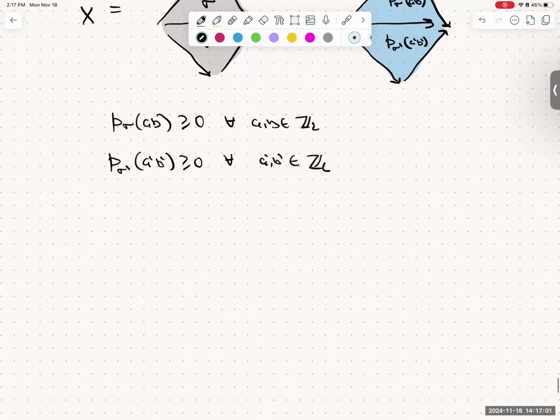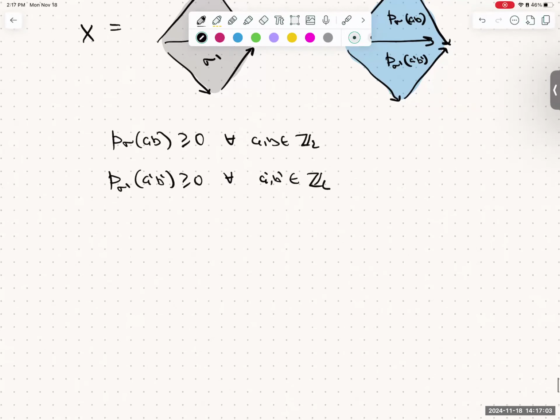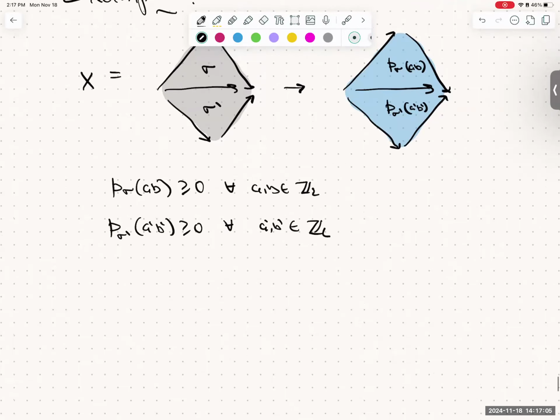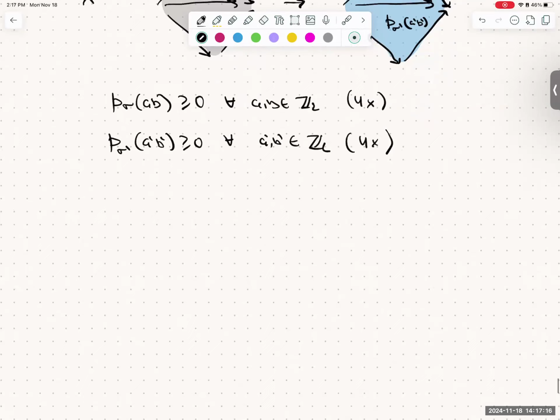So that's already embedding us in a space. We will embed our polyhedron in a space of R8 for each of the four. So this is 4 times 4 times. So our n in this case will be 8.